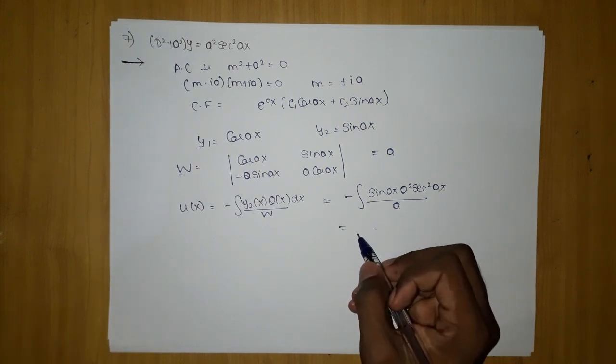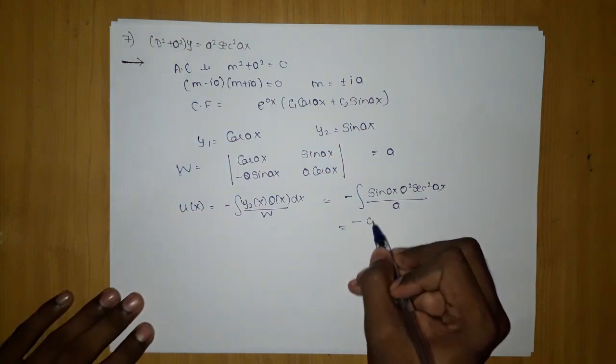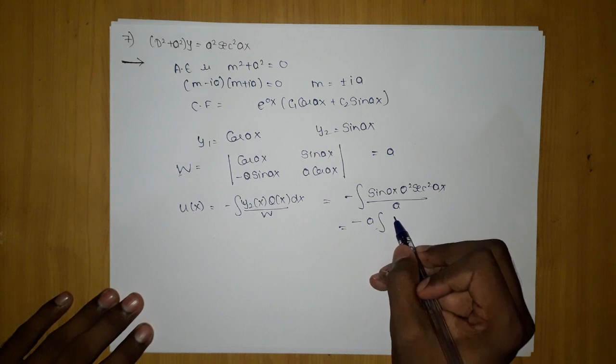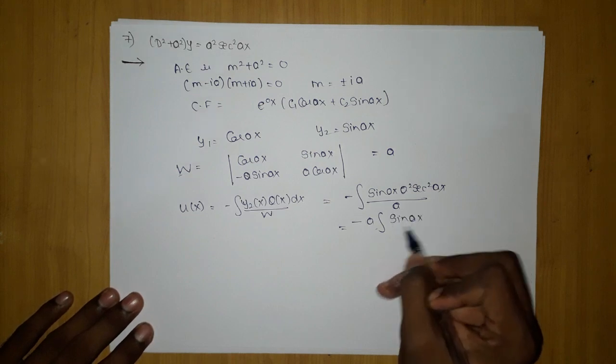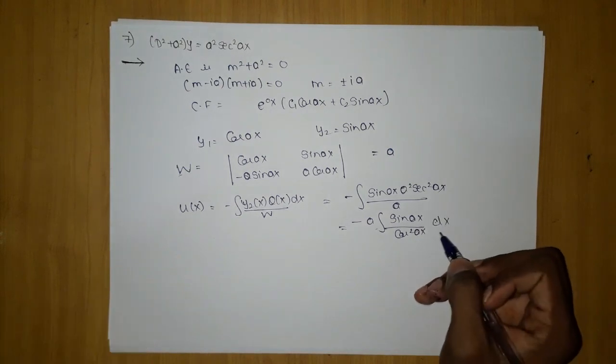Here I am going to be left with a sin ax, taking the a common outside, which leaves sin ax by cos square ax into dx.